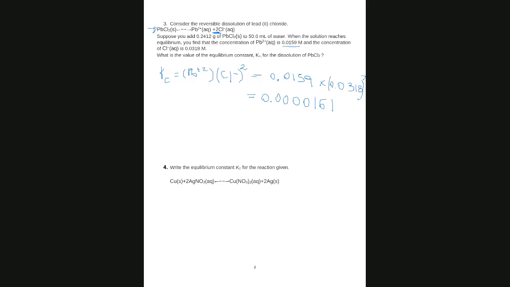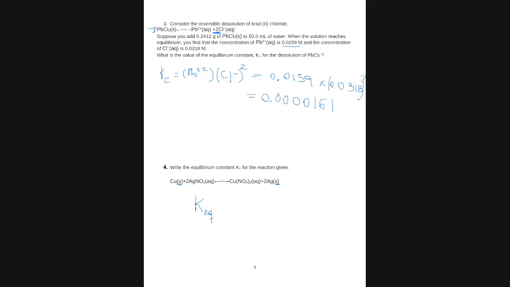They said, what is the equilibrium constant of the reaction? So we know that the solids are not included. So we have to look. Here we have an S, means solid. Here we have an S, means solid. So what will be the equilibrium equation?